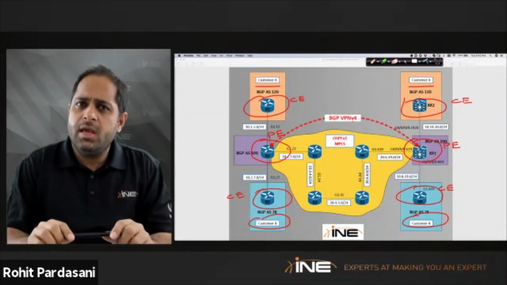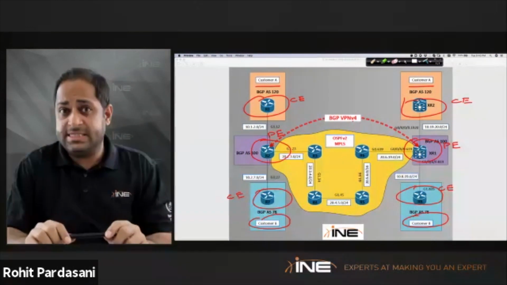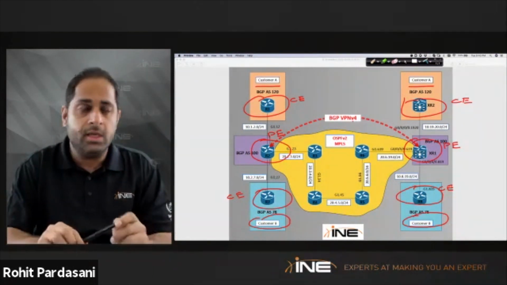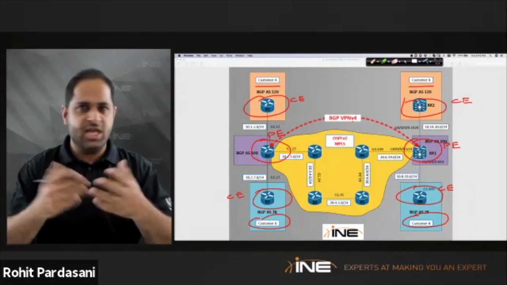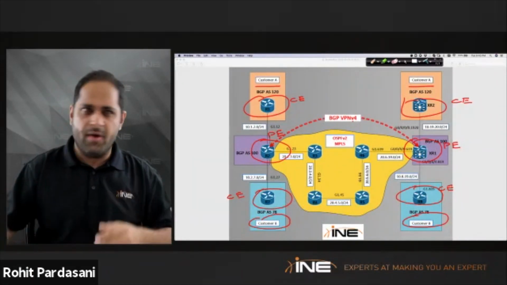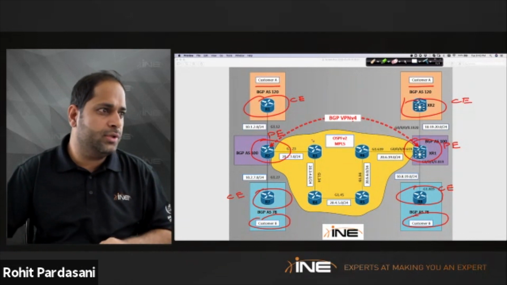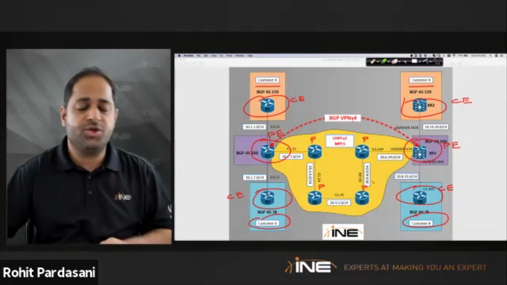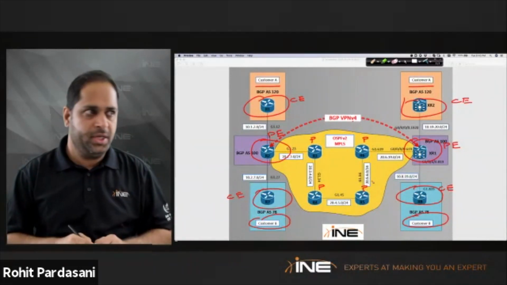Routers 3, 4, 5, and 6 would not be PE routers. They are not running BGP. They would only be running an IGP and maybe MPLS or maybe segment routing. So these routers would be called P routers, which are not running BGP.